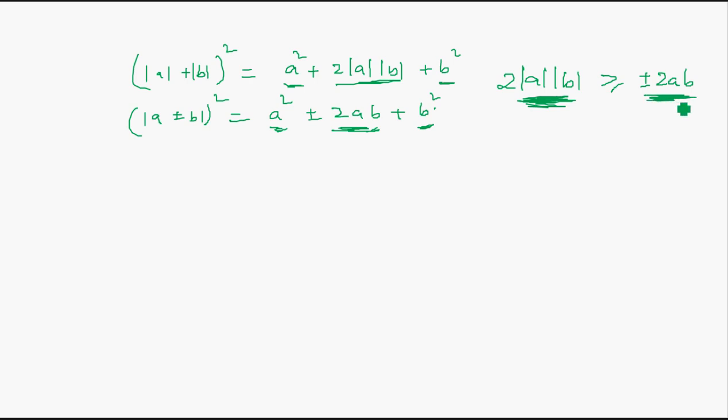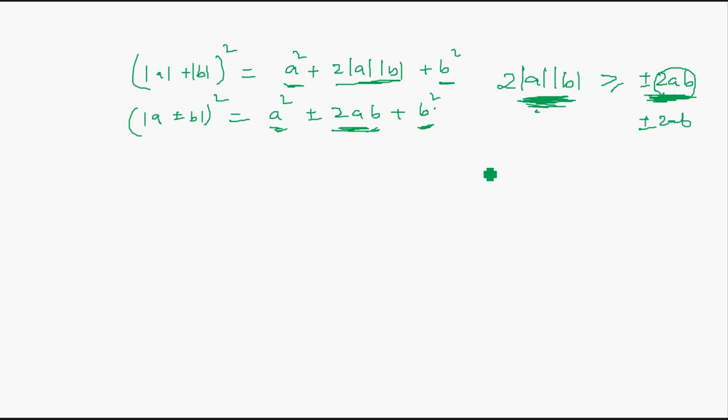Suppose this is positive, then both will be equal. And when this number becomes negative, this is plus or minus 2ab. So basically 2ab can be positive or negative, right? When 2ab is positive, obviously 2 mod a mod b will be equal to it.